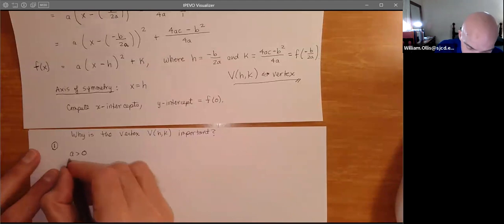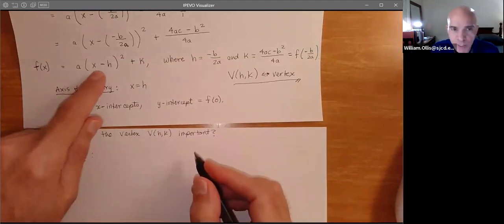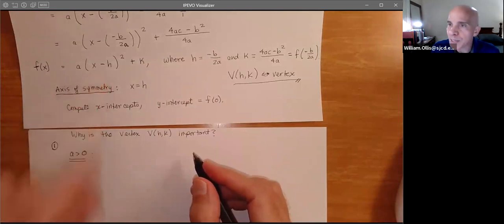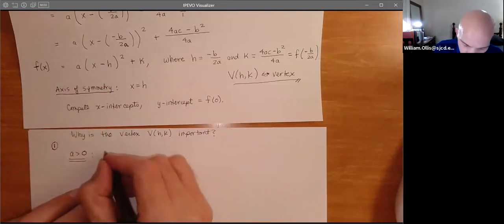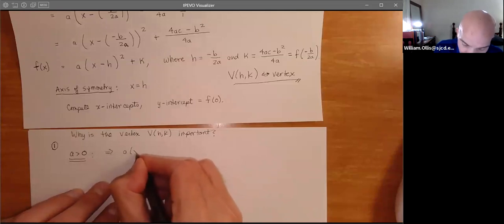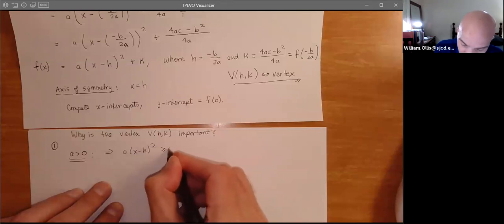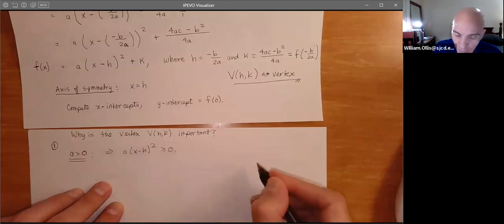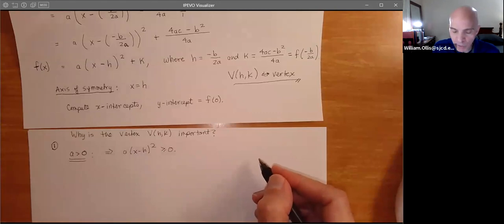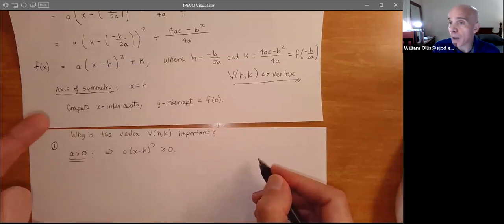Now, if a is greater than 0, we can look at this term here and see that this term will always be non-negative. So this implies a times (x minus h) squared is always non-negative. But then that just means, well, it's 0 when x is equal to h, but when x is not h, it's going to be positive.